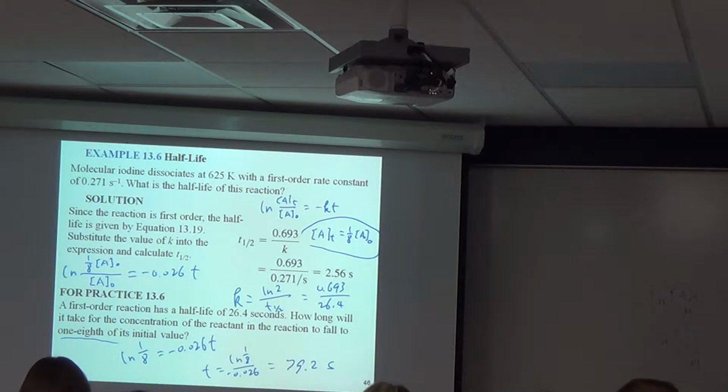I did 0.693 divided by 26.4 seconds, which gave me 0.026. And then I did ln 1/8 divided by 0.026 without the negative, and I got the same answer, just negative 79.2.